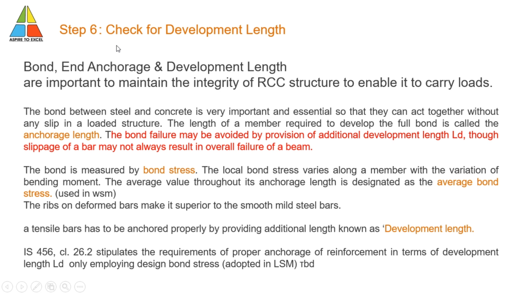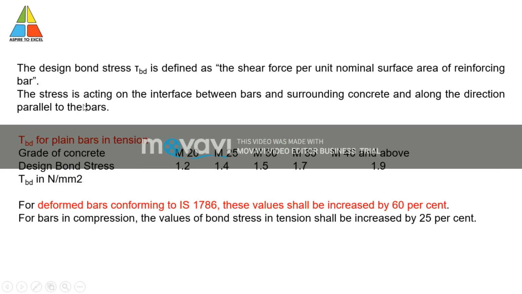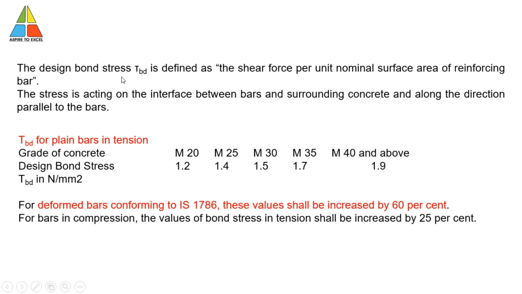So to have a proper bond and anchorage between the steel and concrete, sufficient length should be provided, and it will result in no slippage and no failure. So the first aspect is the design bond stress, that we refer to as tau BD. It is defined as the shear force per unit nominal surface area of the reinforcing bar.